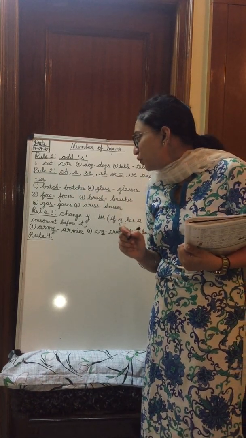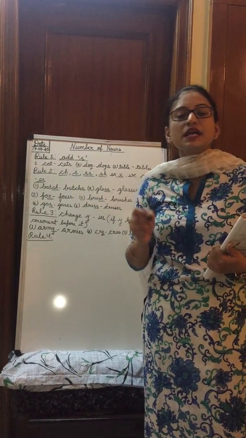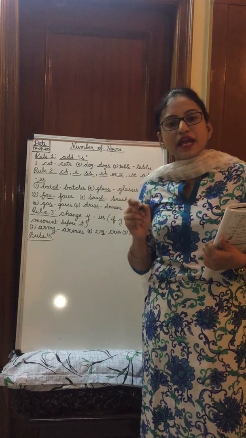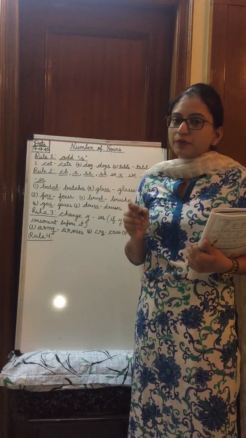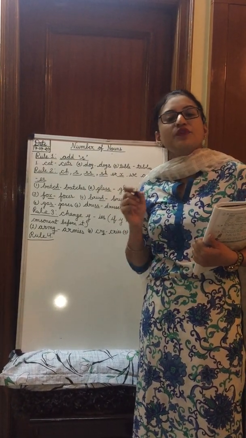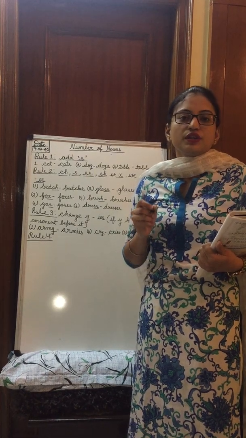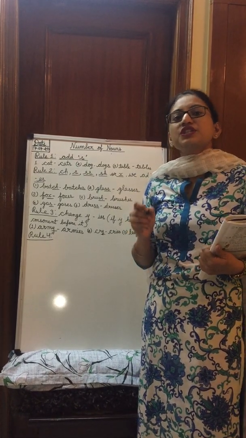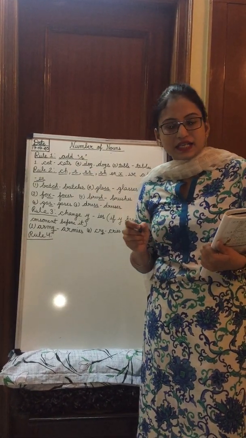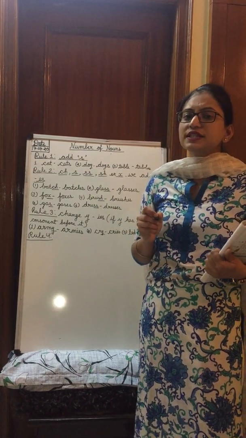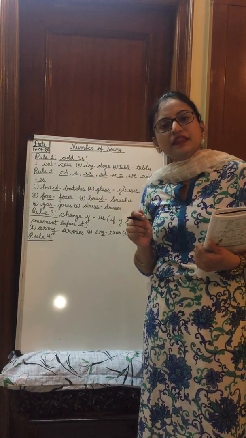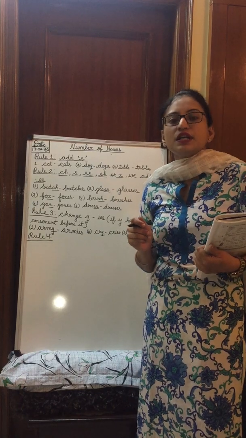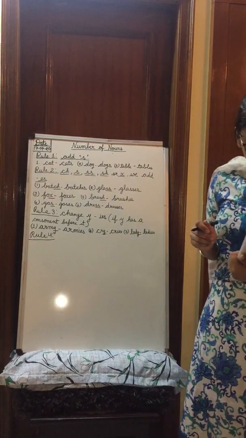What is rule number 4? Rule number 4 is if the noun ends with Y but Y has a vowel before it, then we will not change Y into IES. We only simply put S at the end of the word. We will see some examples.